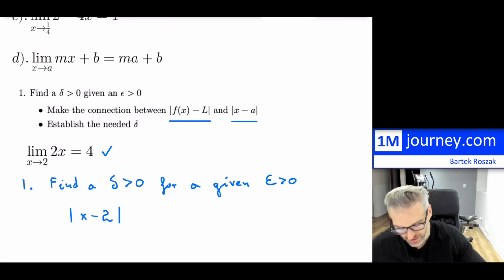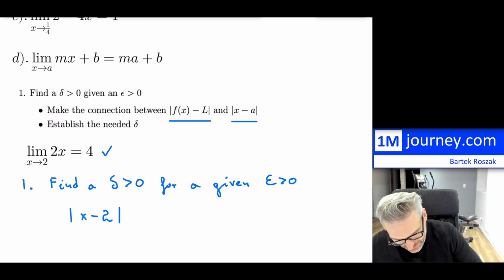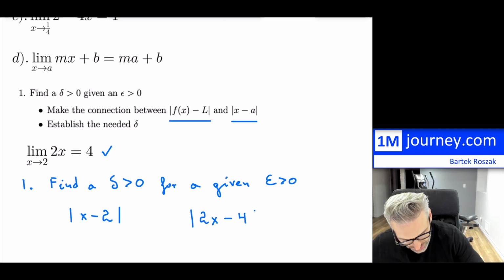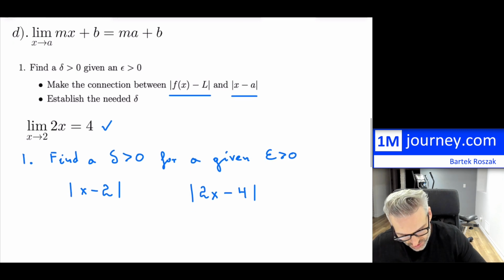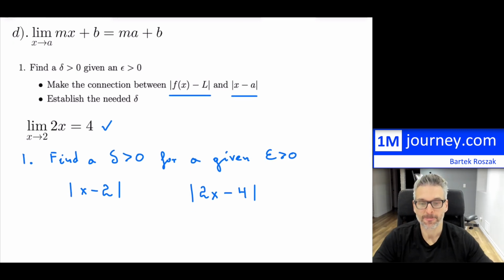So that's what I have there, right? Now, the other one is f of x, which is 2x, and your limit is 4. So that's what we have right there. So that's the second thing that we have.